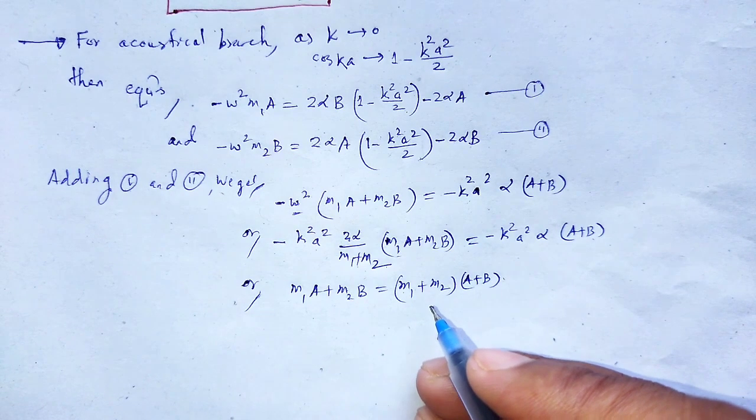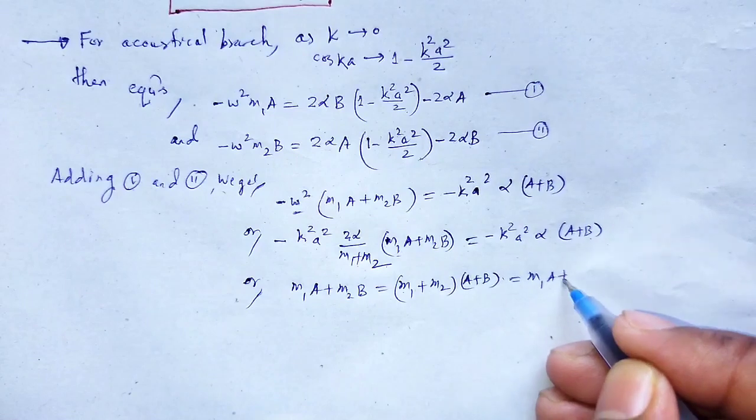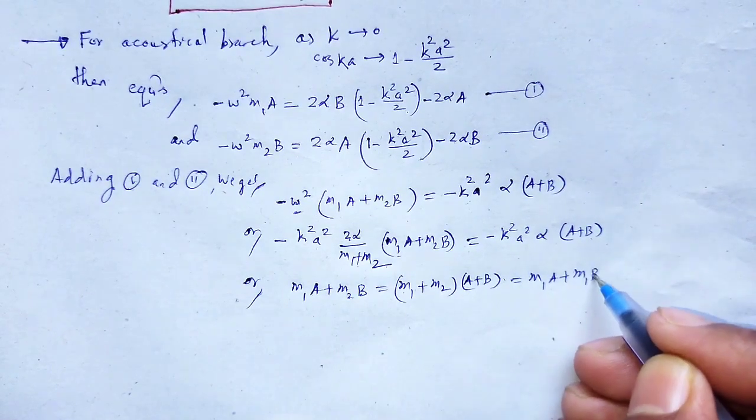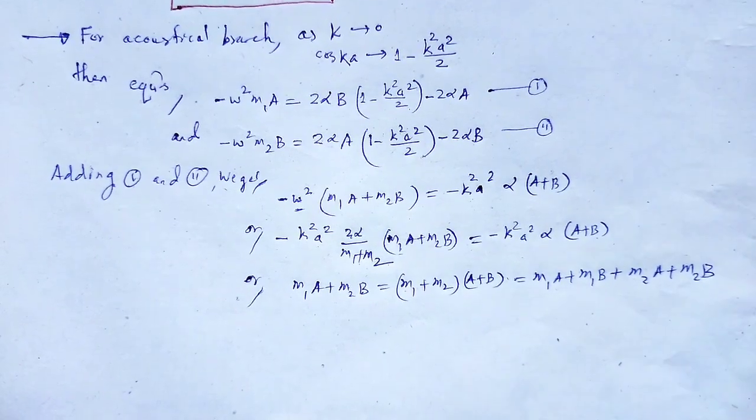So, it is written as m1a plus m1b plus m2a plus m2b.